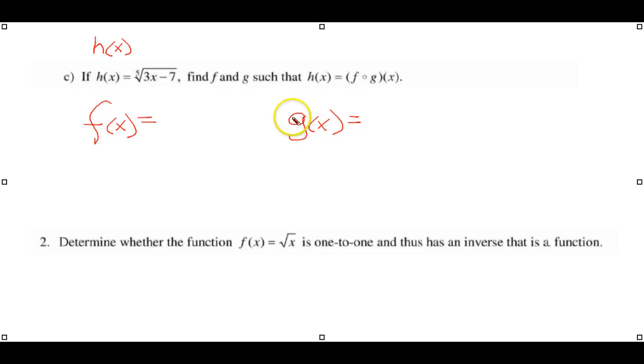Well, if G was 3x minus 7, which is what is under the radical sign, and F was the fifth root of x, then this would be the composition of this, where we would take this and substitute it for the x here, and you get that.